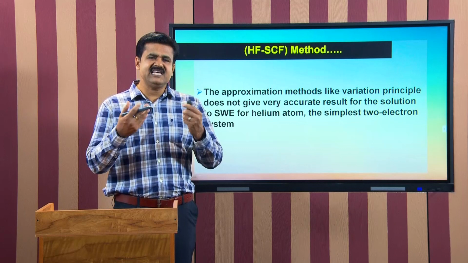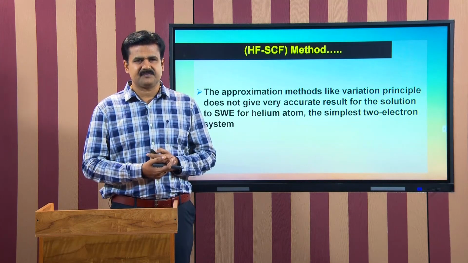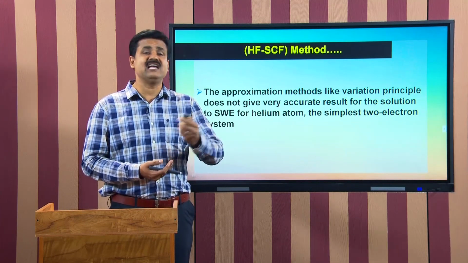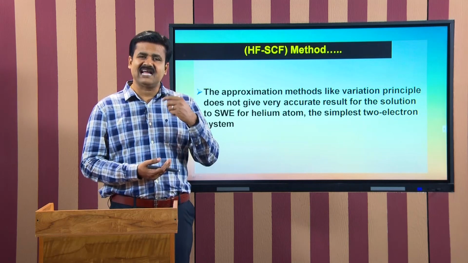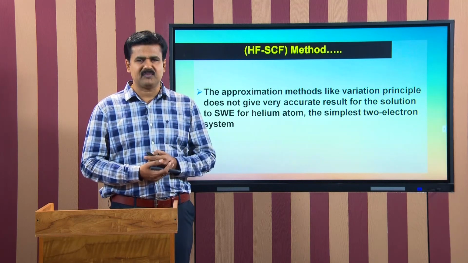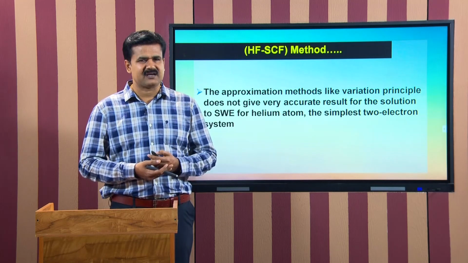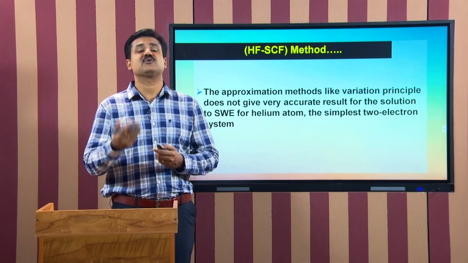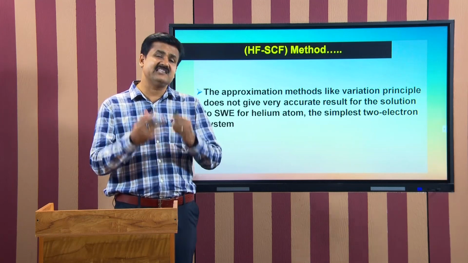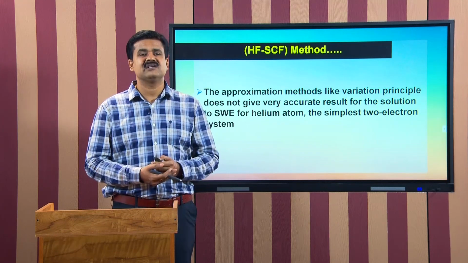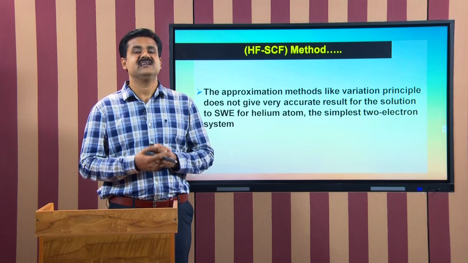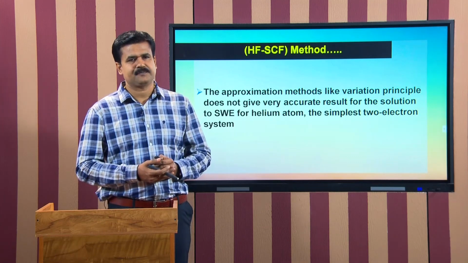However, these approximation methods will not give very accurate results for at least the helium atom problem, which is a 2-electron system. Hence, we require better approximation methods. And at this point, the Hartree-Fock self-consistent field method is highly relevant.